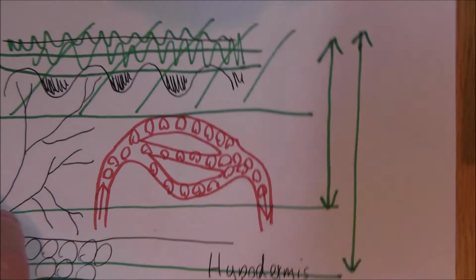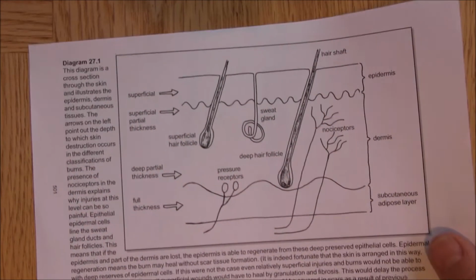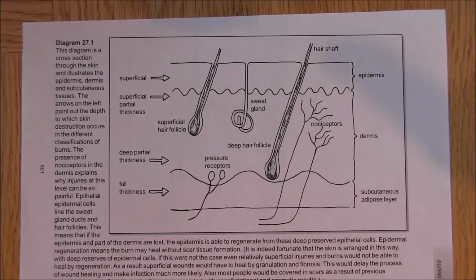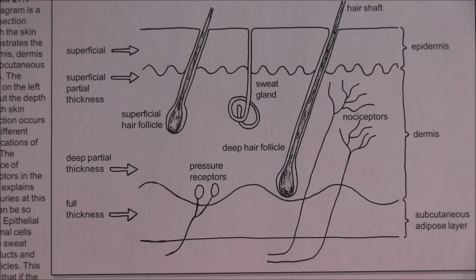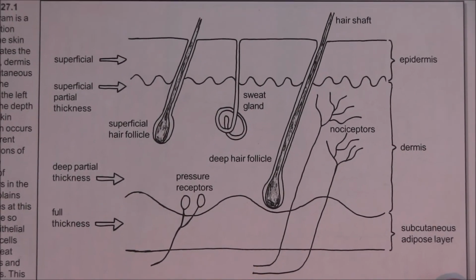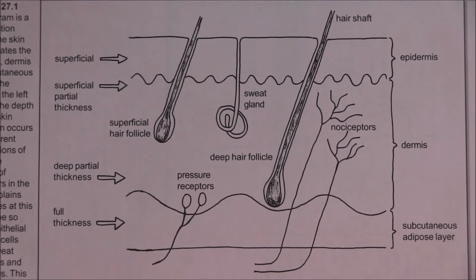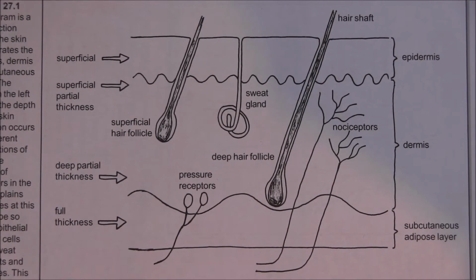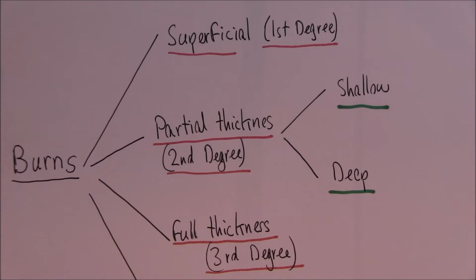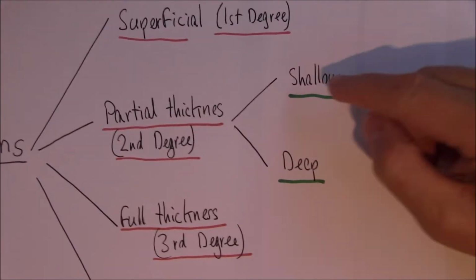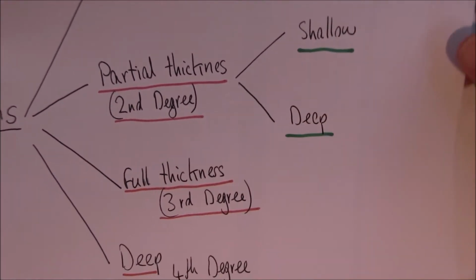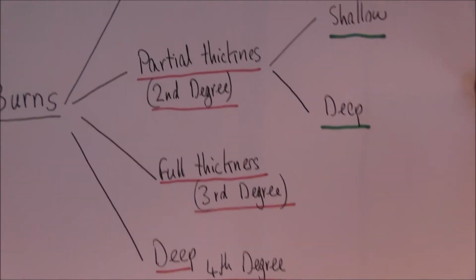And I've actually got a copy of this from the pathophysiology notes book that you might be familiar with, where I made a note of that. So here we have the classification of burns into superficial, partial thickness, shallow and deep partial thickness, full thickness and deep burns that we've already considered.